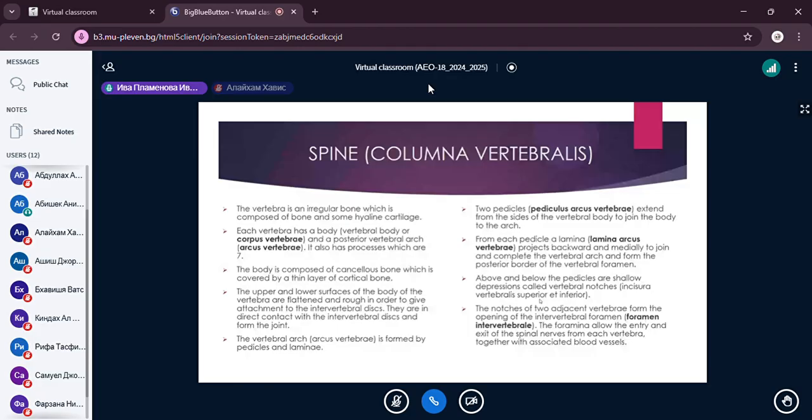So I tell you that the vertebra is an irregular bone. Each vertebra has a body or corpus vertebrae and a posterior vertebral arch, arcus vertebrae. It also has processes, which are 7.